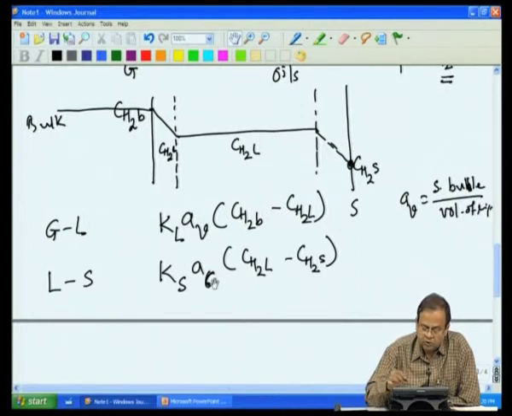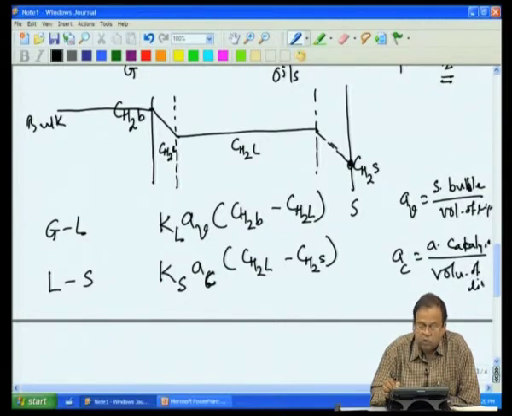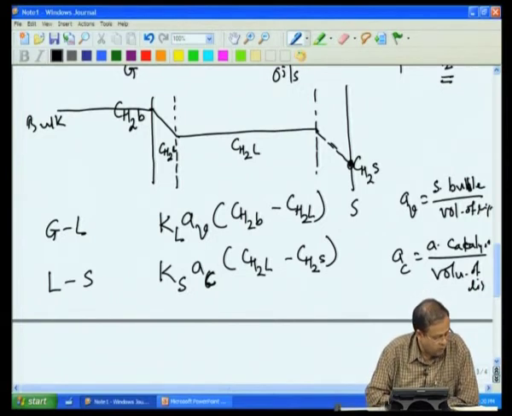So, times the area. So, AC is the area of the catalyst per unit volume of the liquid, because we want to maintain all rates in terms of volume of the liquid.